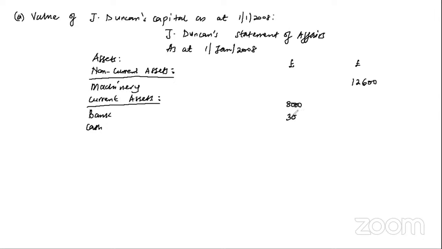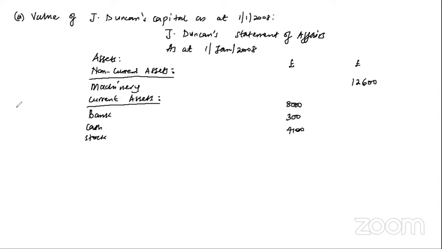Check the question, please, 300. Then we have our stock, the opening stock from the additional information given there. You have 4,100. Then what else do we have?